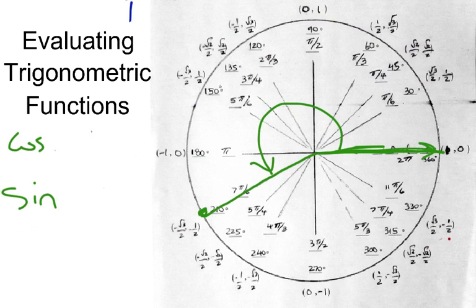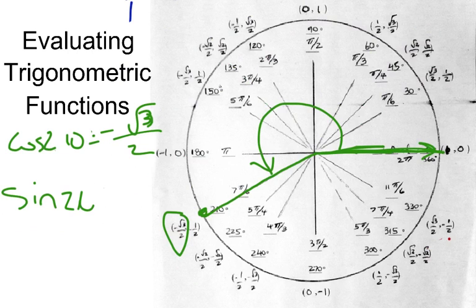Alright? So cosine of 210, I look at the x value, which equals negative square root 3 over 2. Sine of 210, I look at the y value. How much is the y value? Negative 1/2. Done. Alright? So that's what you do.